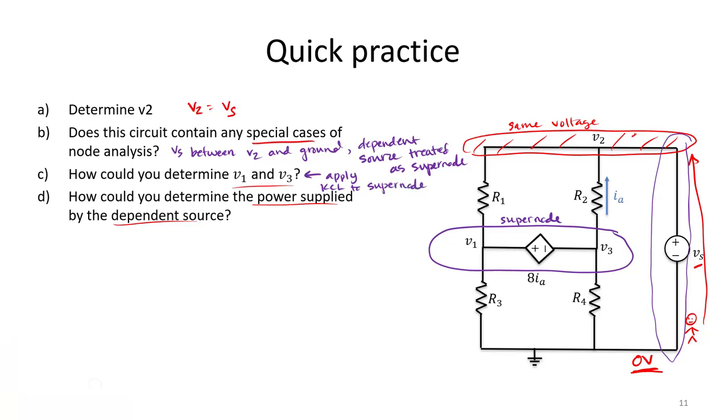Let's briefly talk through that. Suppose we assumed that we had I1, I2, I3, and IA currents exiting our supernode. For part C, we could write Kirchhoff's current law equation for the supernode.